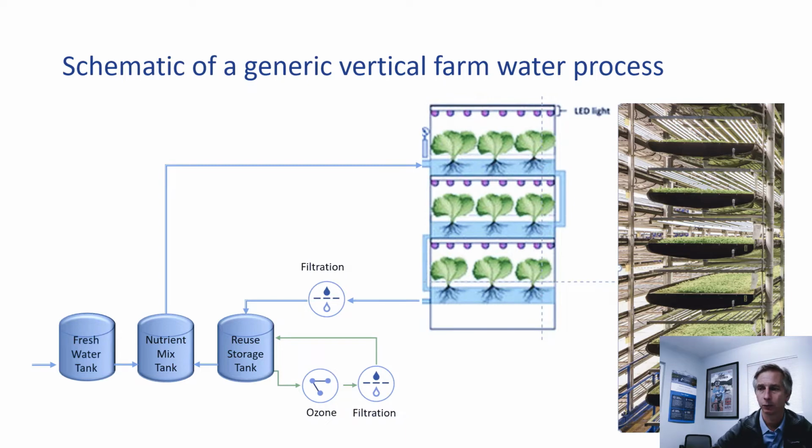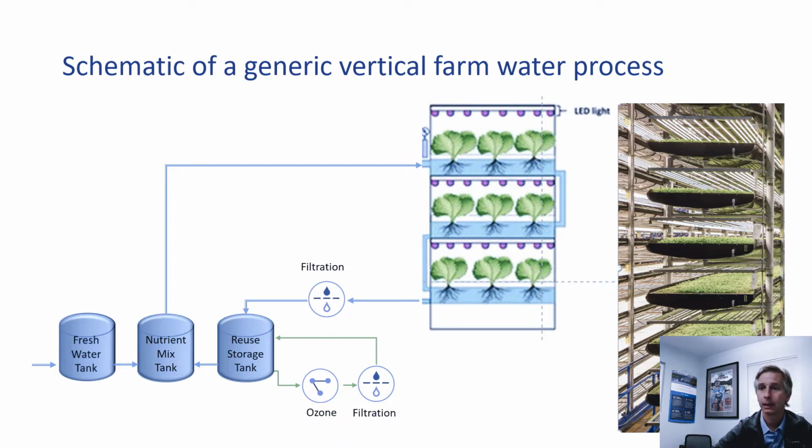So proper filtration coming out of the farm is critical before the water goes to the irrigation reuse storage tank. Now, at the reuse storage tank is typically where we will dose ozone and recirculate ozone within that irrigation water to minimize the chance of pathogens growing or any fouling buildup caused by bacteria growth.